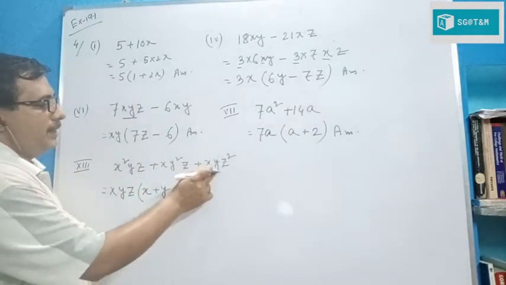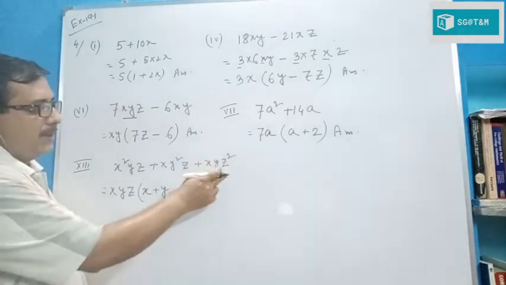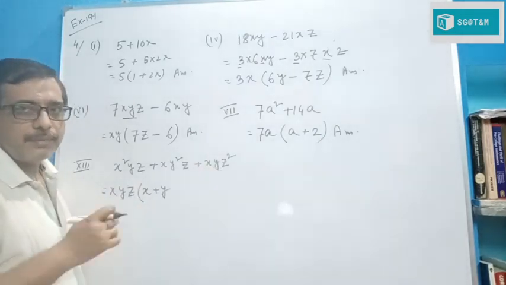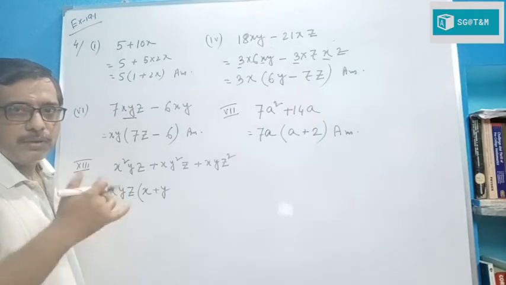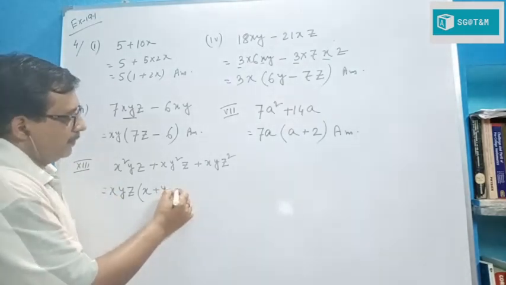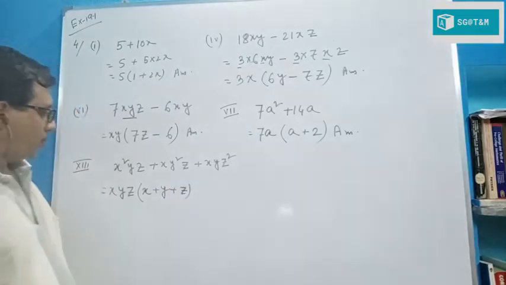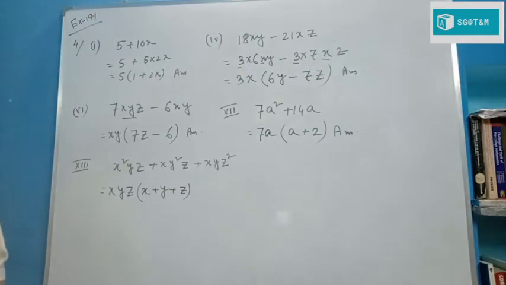From this, x and y are also common. Z square means like previous, z into z. If we take one z common, then the other is z also. So xyz into x plus y plus z.